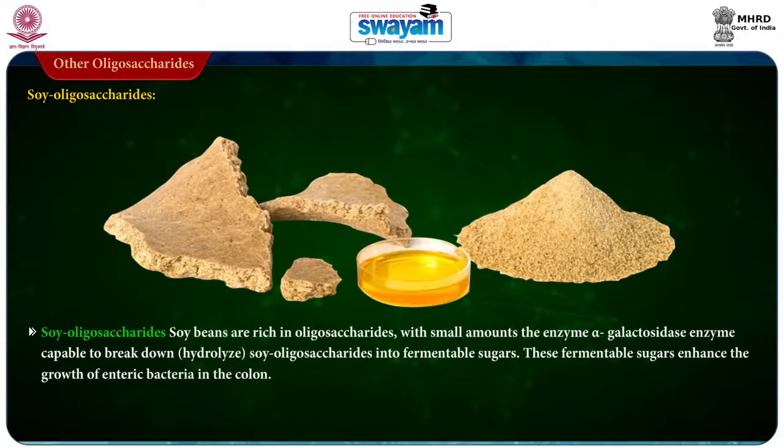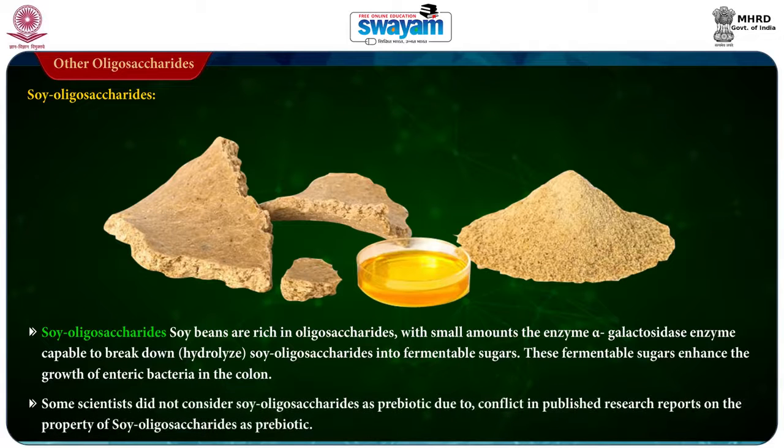Let us now learn about soy oligosaccharides. Soybeans are rich in oligosaccharides, with small amounts of the enzyme alpha glycosidase capable of breaking down soy oligosaccharides into fermentable sugar. This fermentable sugar enhances the growth of enteric bacteria in the colon. Currently, some scientists do not consider soy oligosaccharides as prebiotic due to conflict in published research reports.